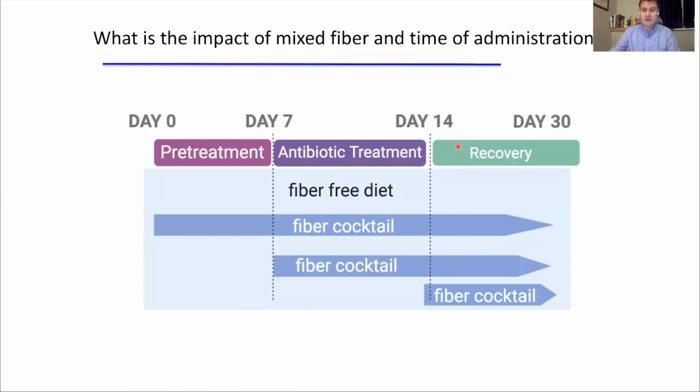She then did an experiment where she looked at fiber cocktails. So a mixture of all fibers reminiscent of a normal mouse diet, given before, during, and after antibiotic treatment. So this would be associated, essentially, with a person living a very healthy lifestyle getting an antibiotic. This is a person getting an antibiotic and fiber supplement together during treatment. And this is a person getting a fiber cocktail after they've already been treated.